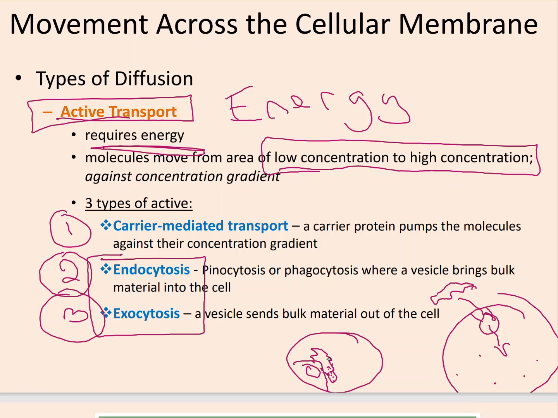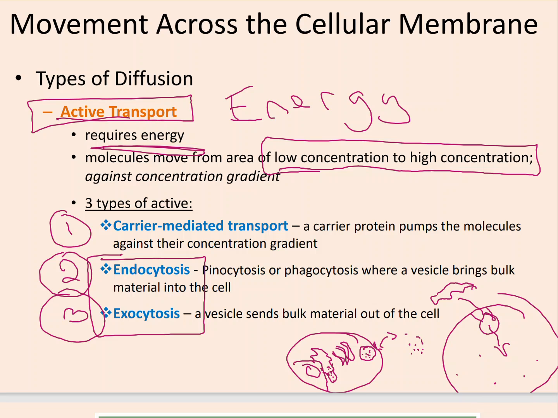The insulin is going to be produced in large quantities, and it's going to have to go through the Golgi to be shipped and packaged. Then from there, it'll be sent out in a vesicle, a large quantity of those hormones in a little vesicle. It will merge with the plasma membrane and essentially dump out its contents, dumping all those hormones out into the bloodstream. All right, and that is known as exocytosis.